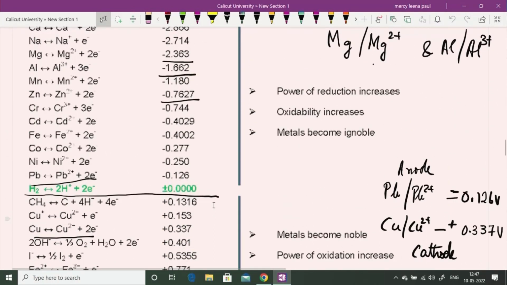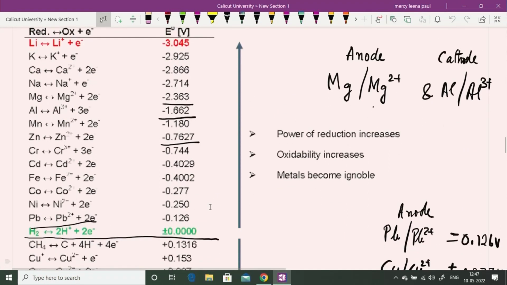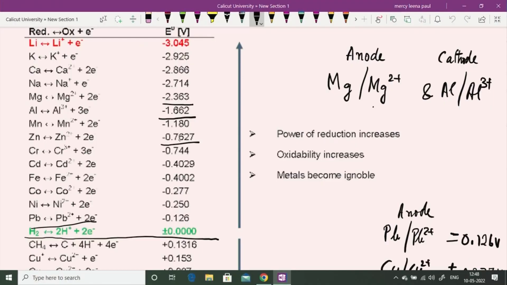Hydrogen has got 0 reduction potential, while the value of zinc is, as we have seen, equal to minus 0.7627 volts. So, we know that zinc is more electropositive, it likes to get oxidized. So, what happens is it displaces hydrogen. So, any metal lying above hydrogen has got a higher oxidation tendency than hydrogen, and therefore, they will displace hydrogen from dilute acid solution. Okay.